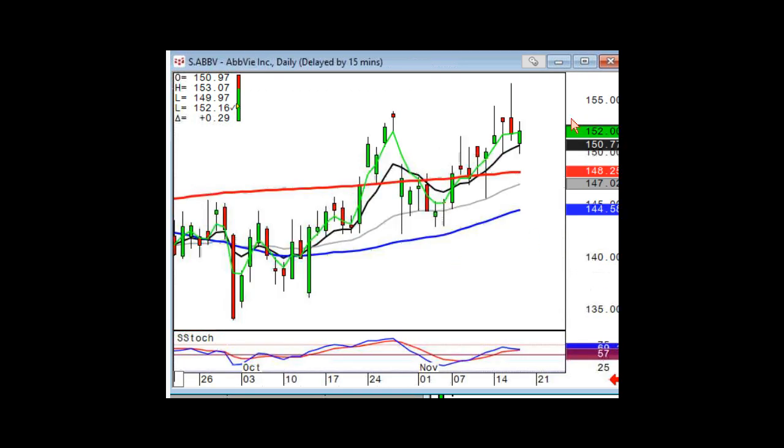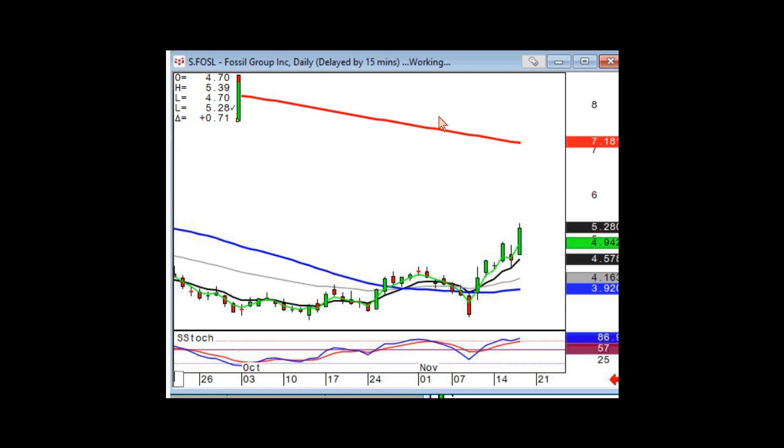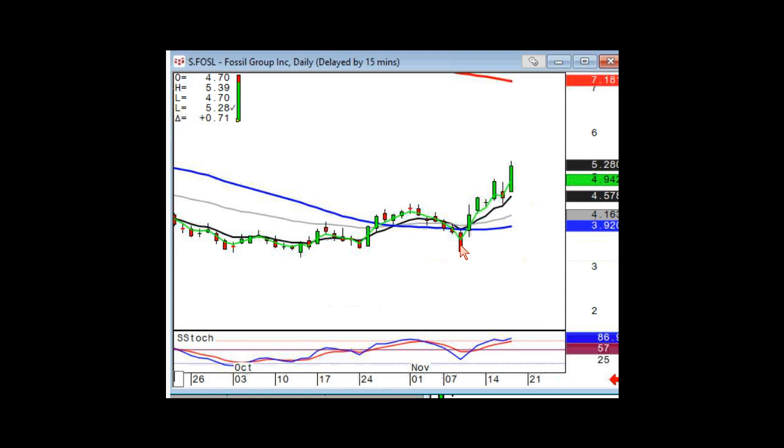ABBV, you can stay long on this one also, yes. But the same scenario. You don't want to see this open lower and trade back below the T-line. That means they aren't heading up right now. Fossil, stay long ever since your kicker type breakout.